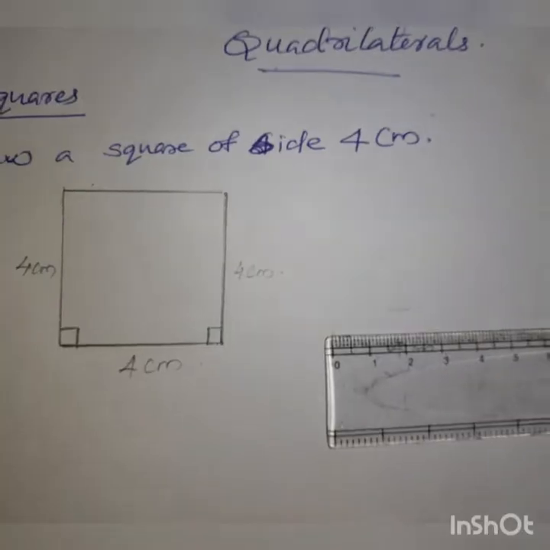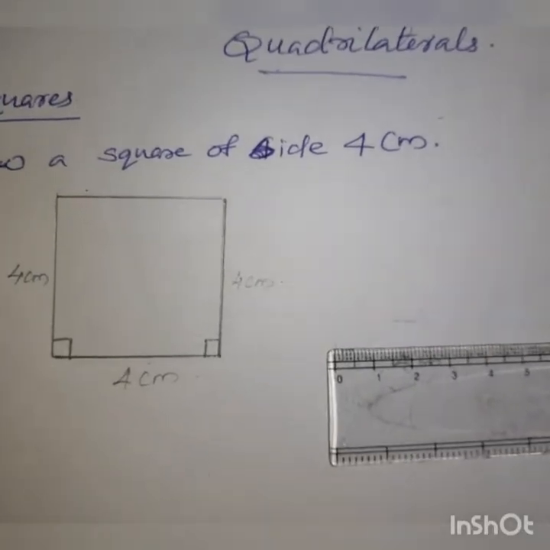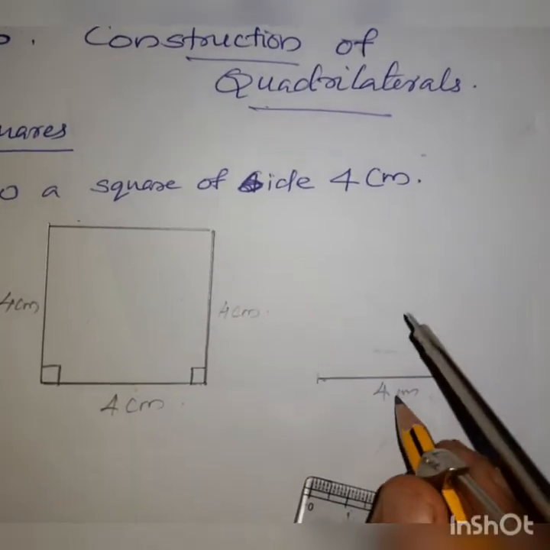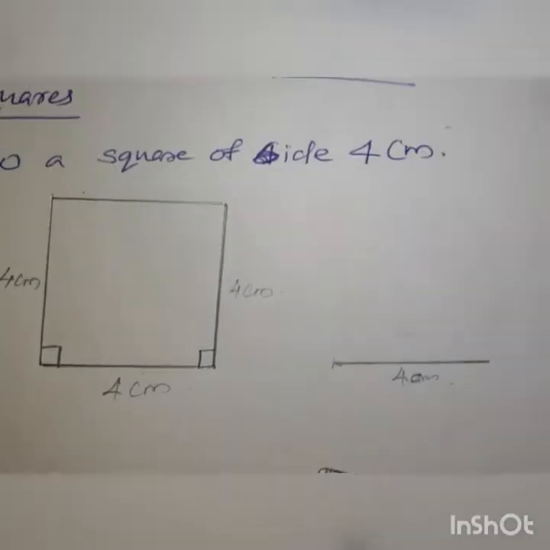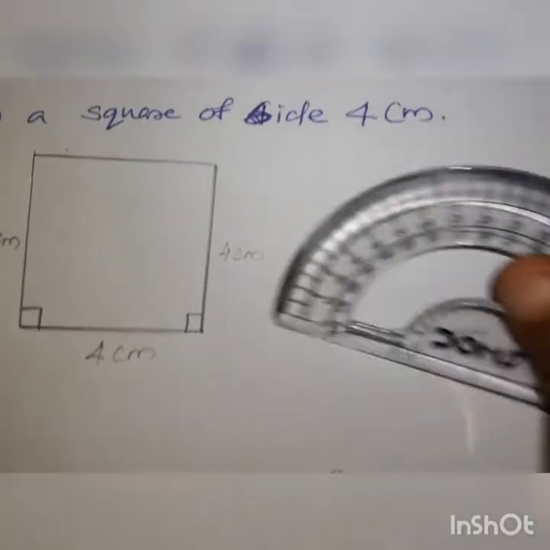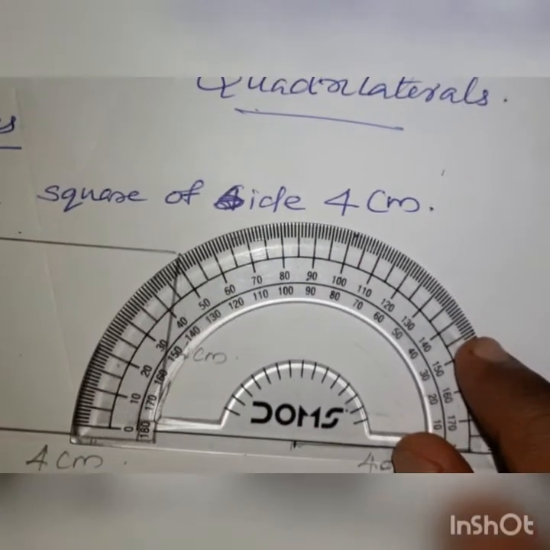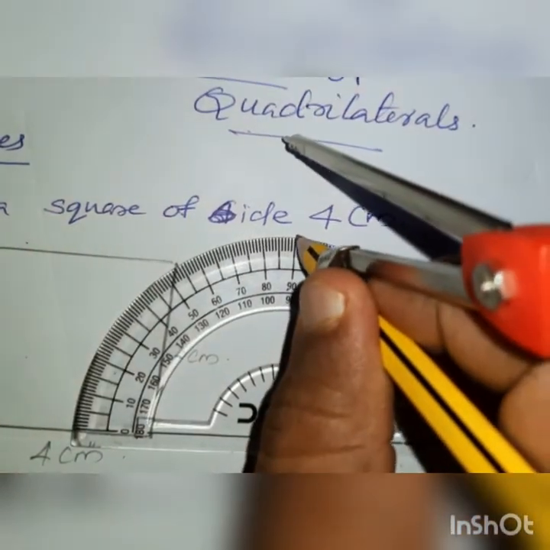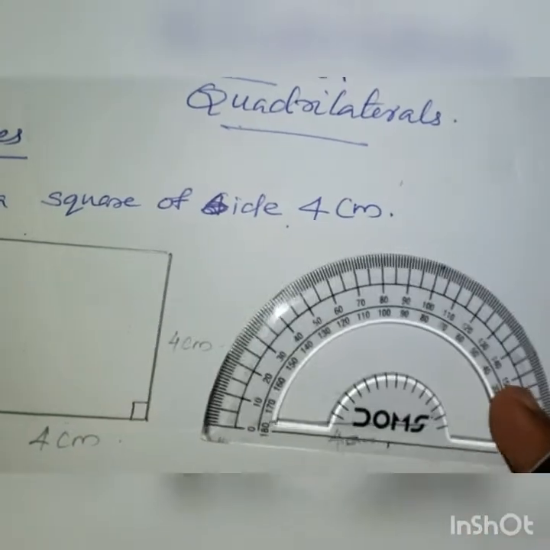The same square you can draw with the protractor also. First of all, you have to draw a 4 centimeter line. Then with the protractor, mark 90 degree on both ends.